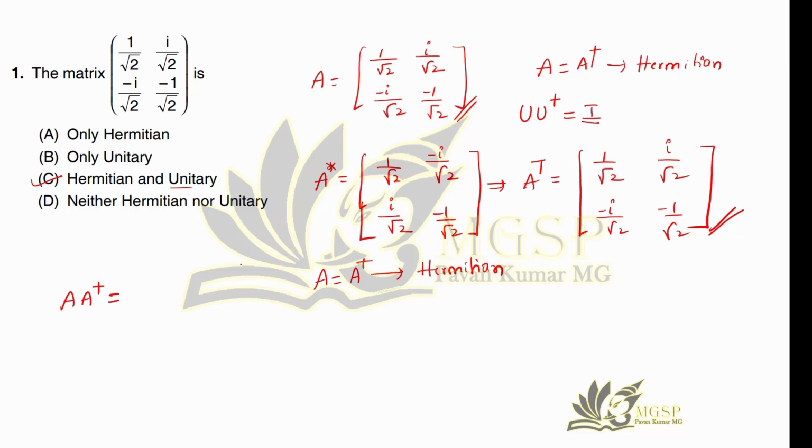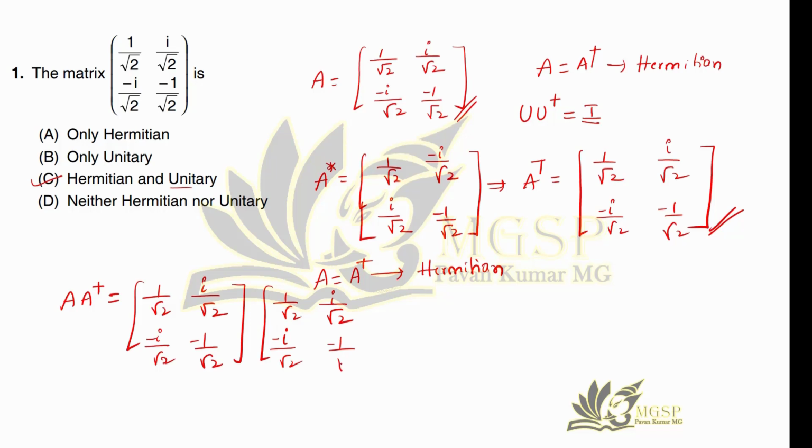So how do we get it? We take 1 by root 2, i by root 2, minus i by root 2, minus 1 by root 2, multiplied with 1 by root 2, minus i by root 2, i by root 2, minus 1 by root 2. Now you do the multiplication.